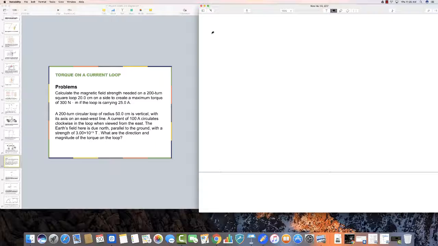Now, the previous section I showed you the formula for this, and that is that torque is equal to N times I times A B sine theta. Now, by using the term maximum, the sine becomes 1, so we don't have to worry about it anymore.